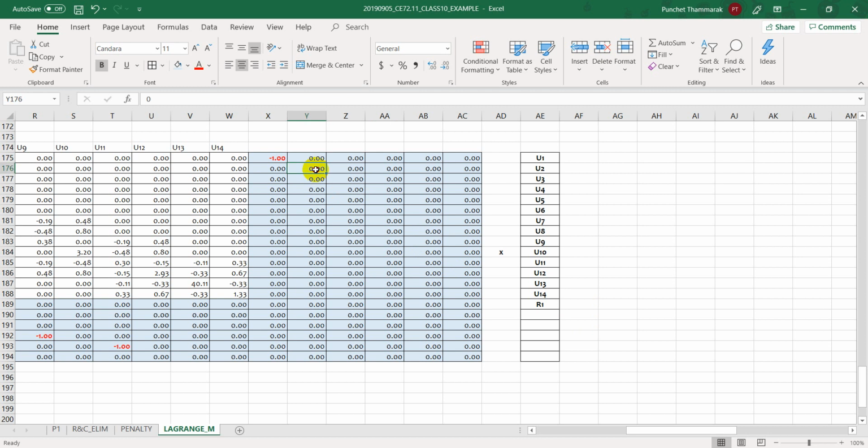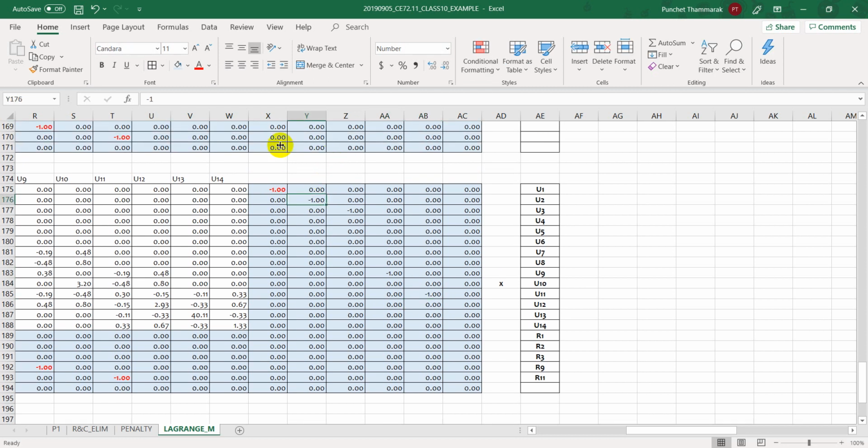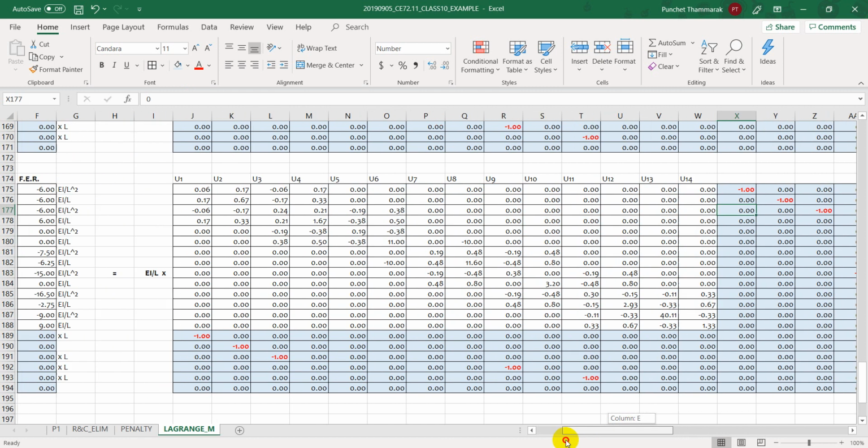Same for the next equation, equation number 2, you push the R2 to the right hand side, so you have R2 there, you have R3, you have R9, yes, and R11. So R2 -1, R3, and then R9 is here, R11 is here. Okay, nice and symmetry, right, with this.